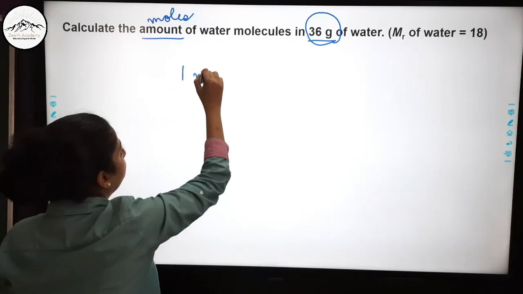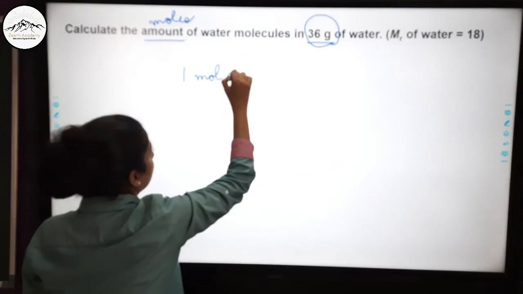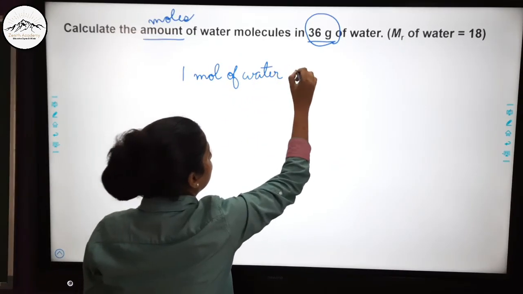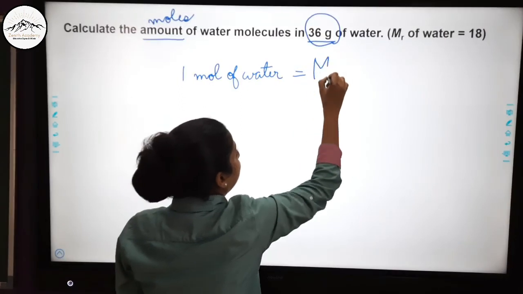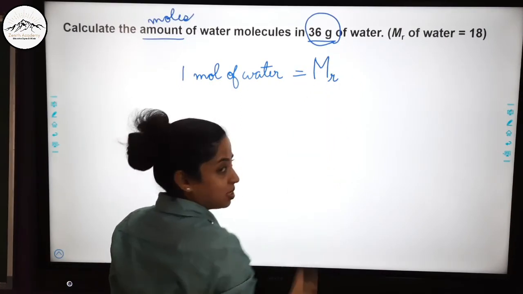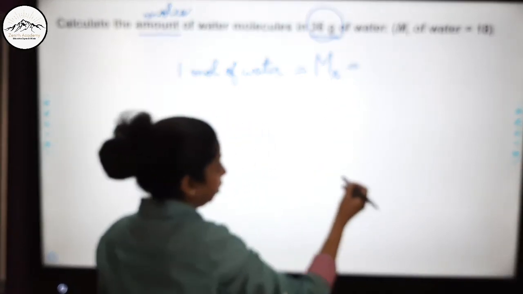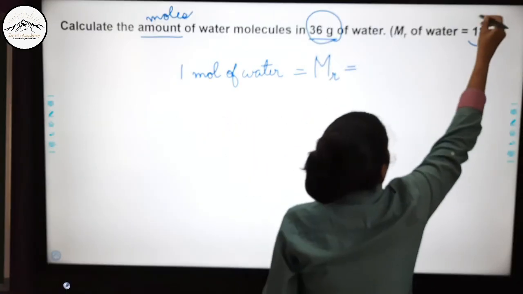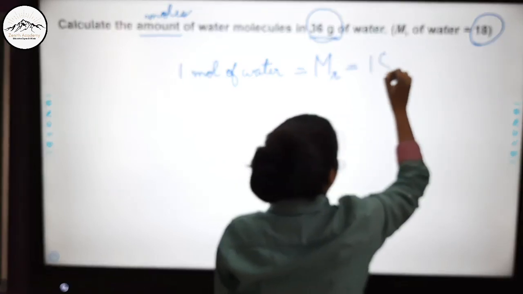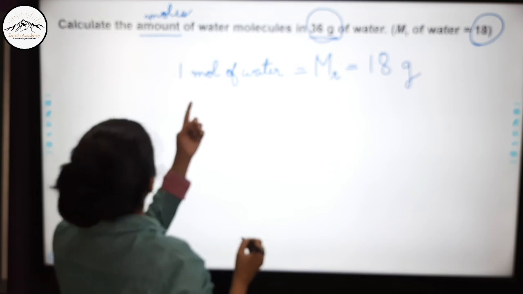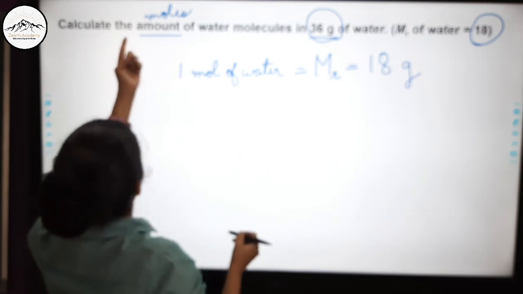or in 1 mole of water, how many grams of water will be there? The relative molecular mass, right, which is equal to 18. That is already given in the question. Okay, so 18 grams. Now we want to calculate the moles.